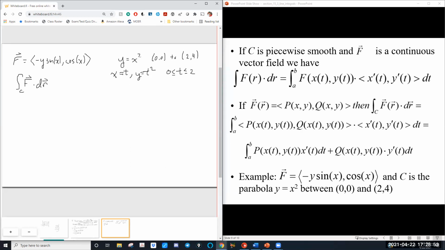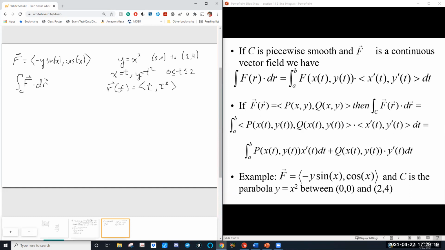So basically, our r of t is t, t squared. All right. Now remember, going from right here, this here is f in terms of t.